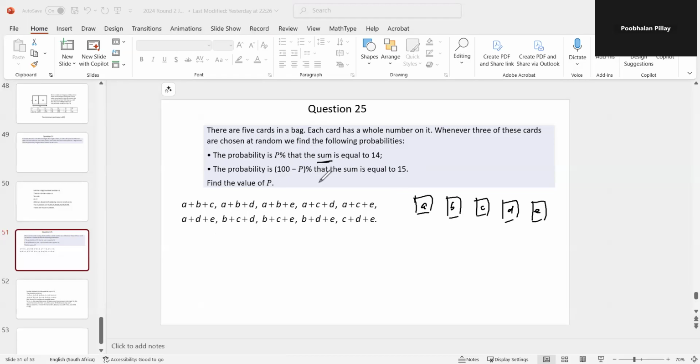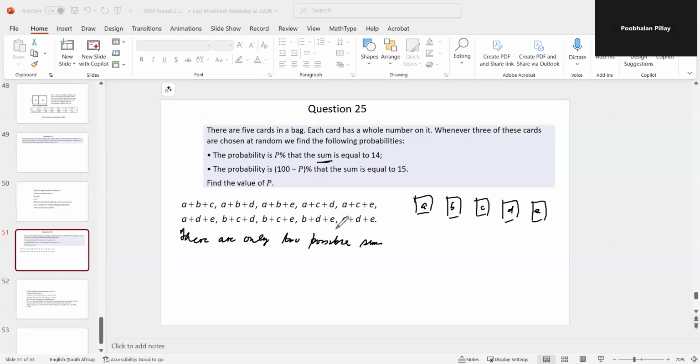There are only 2 possible sums. In other words, there are not 10 numbers here, there are only 2 numbers. Okay? And they are either 14 or 15. So you've got only 2 numbers.